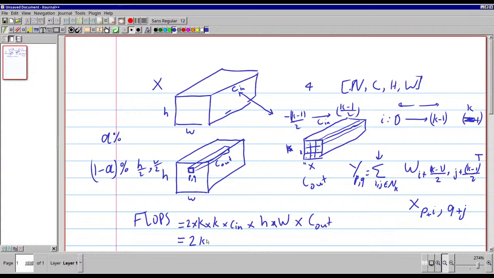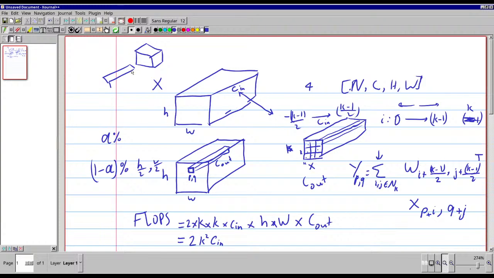Okay, so you end up with 2 still K squared C in, well, not all C in, sorry. Here they say the C in is going to be factorized, so your input is going to be factored twice.